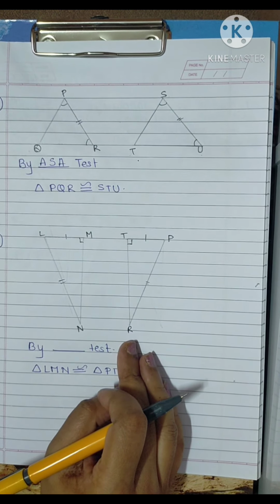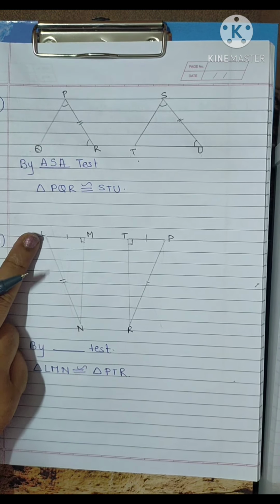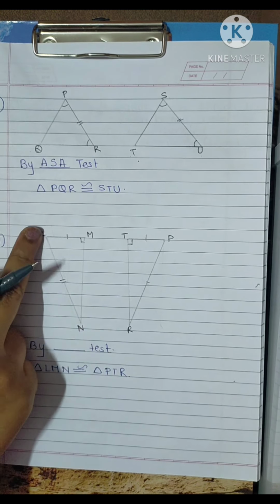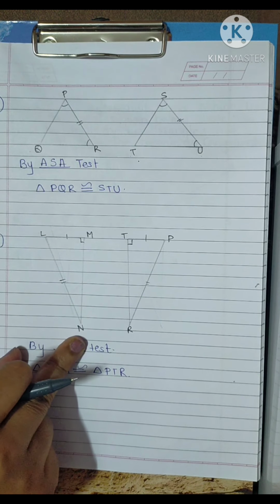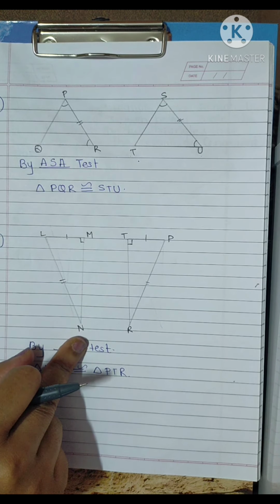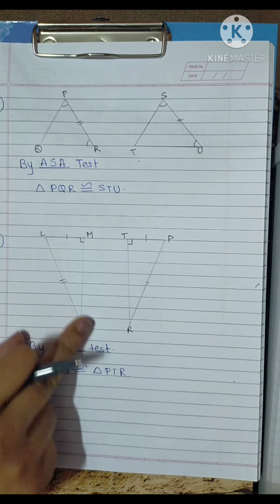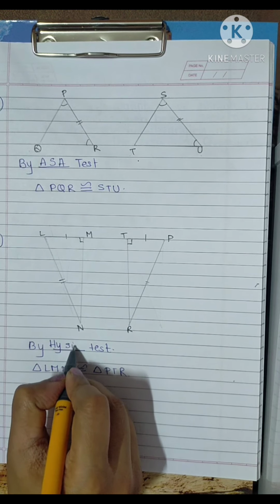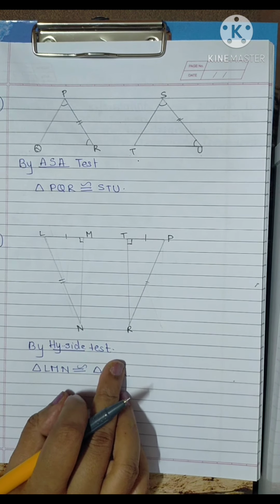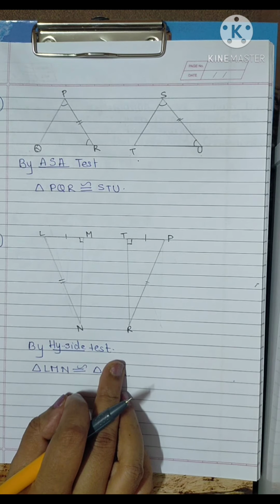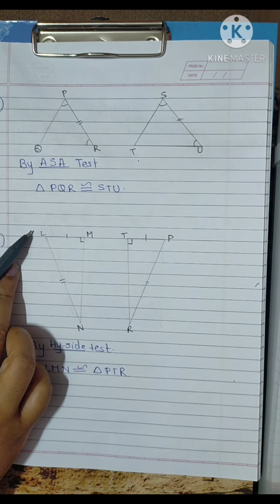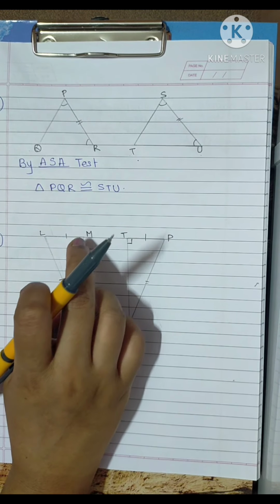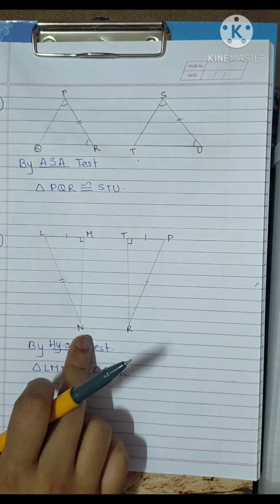As you know, every right angle triangle has a hypotenuse, the big opposite side. This is called the hypotenuse test. Here this side is congruent to this side, this side is congruent to this side, and there is an angle that is 90 degrees.